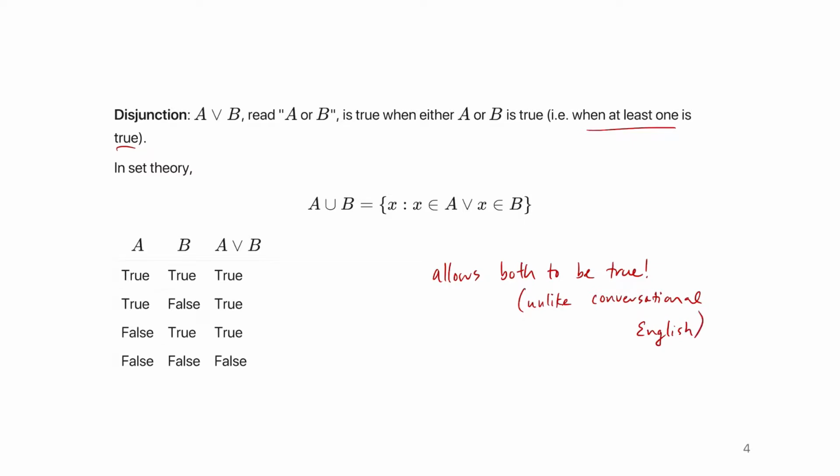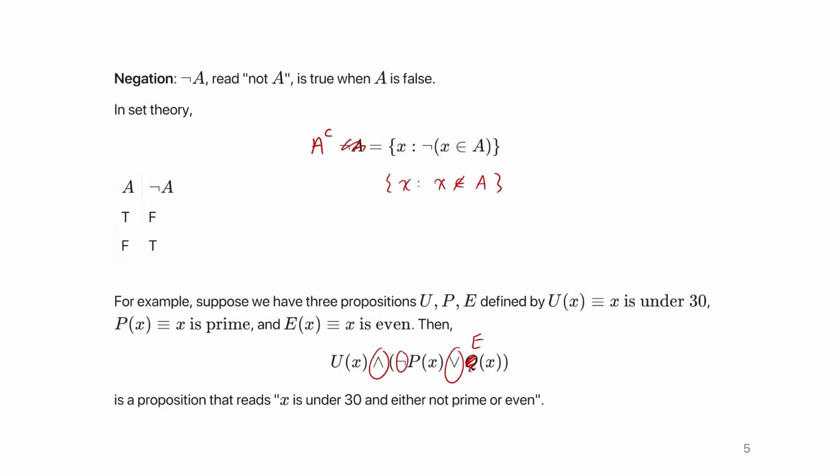Is that okay? So the regular or operation, yeah, you know what? Why don't we get rid of either there? Because that might incite some confusion. Okay, so x is under 30 and not prime or even. And you just need to remember the difference between our or and the conversational English or.